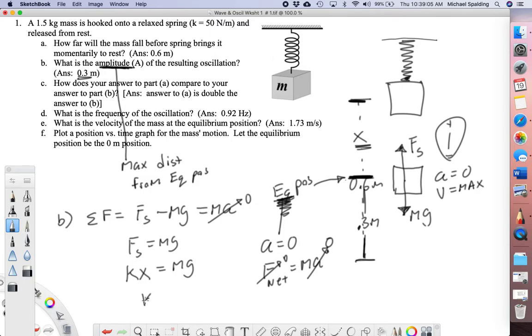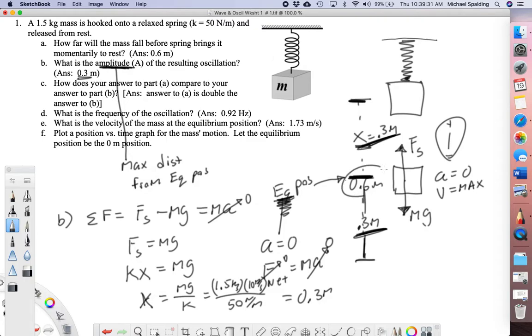So x is going to be mg over k, which is 1.5 kilograms times 10 for gravity, divided by k, which is 50, and this comes out as 0.3 meters. So if that's 0.3 meters, then this has to be 0.3 meters, because we already figured out the total distance is 0.6.